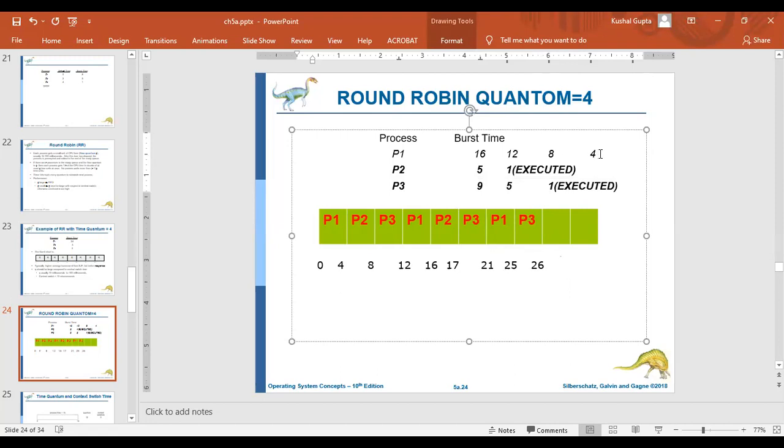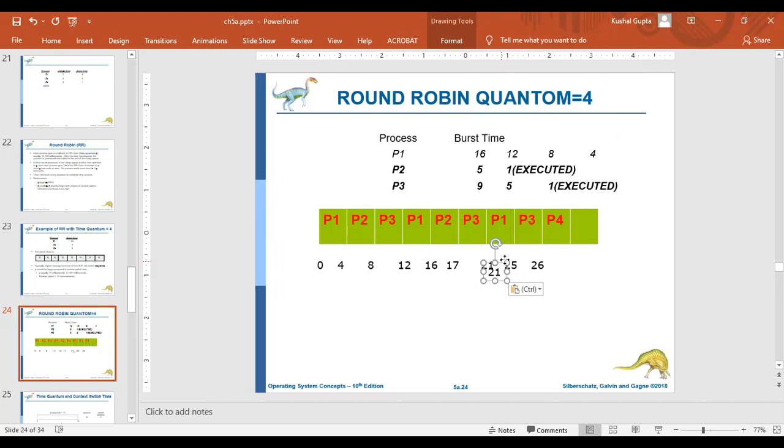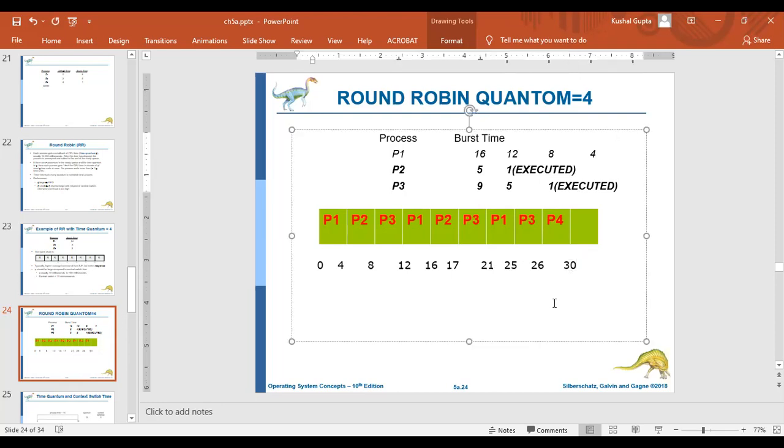Now again P4 turn will be there. P4 will be here. How much time P4 requires? 4 units of time. That's why it will finish at 30. It will take 4 units of time again. At this time, P1 will be executed.